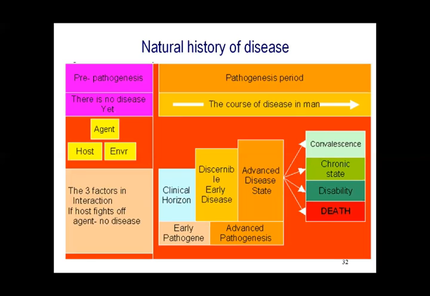But if we control the disease in the pre-pathogenic stage, or in the early pathogenic state, it will be better and less damage will occur. This is how epidemiology tells us the natural history of the disease: how the disease will start, what will happen initially, and what will happen in the advanced stage.